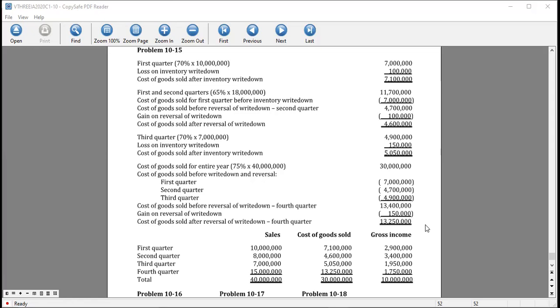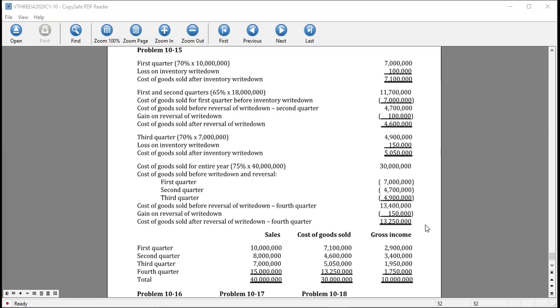Okay, so we have now the third quarter cost of 70% times the amount of sales of 7 million. So we get 4.9 million, and the loss on inventory write down is 150,000. We add it to the loss on inventory valuation.